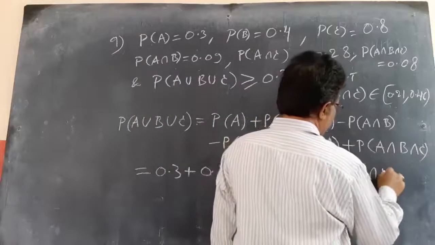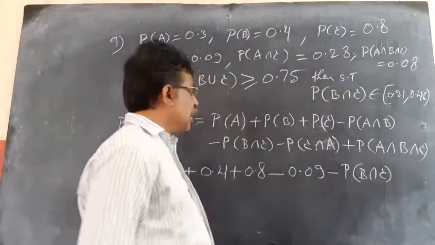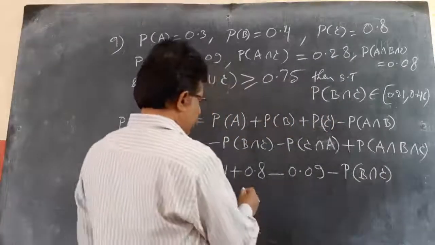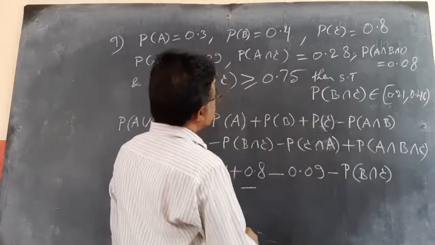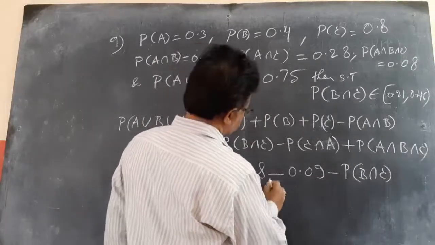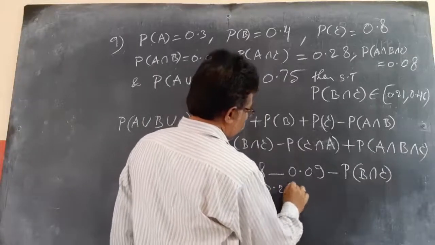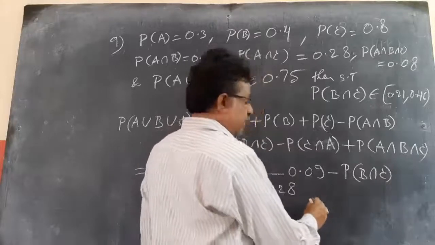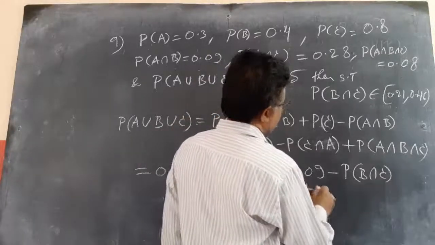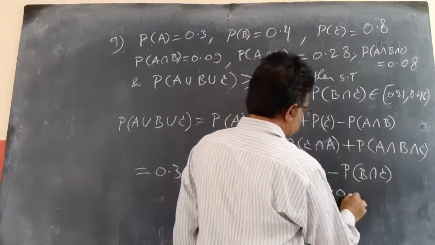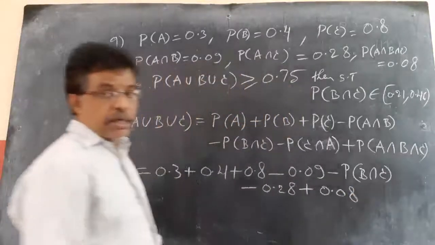So we write P of B intersection C as this, minus P of C intersection A, 0.28, plus P of A intersection B intersection C, 0.08.